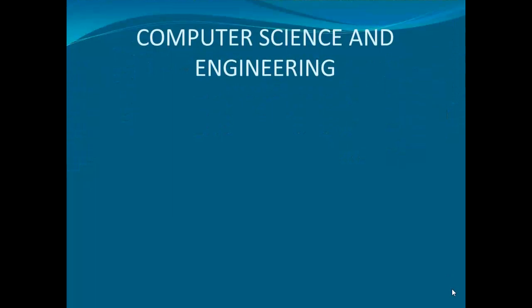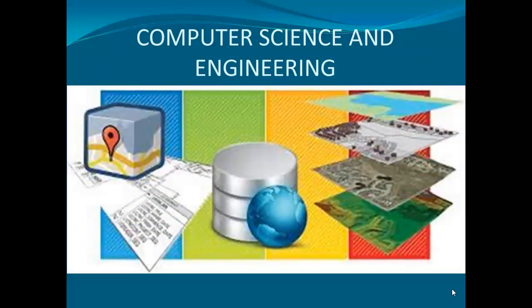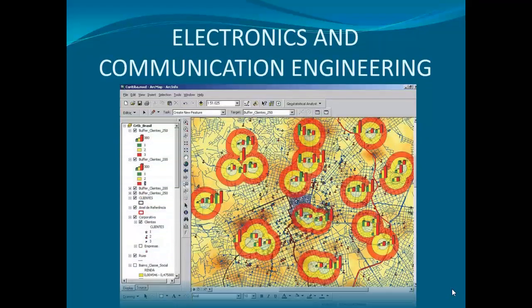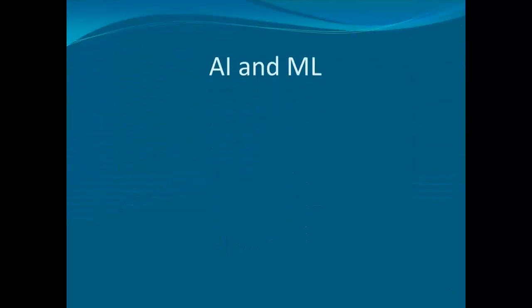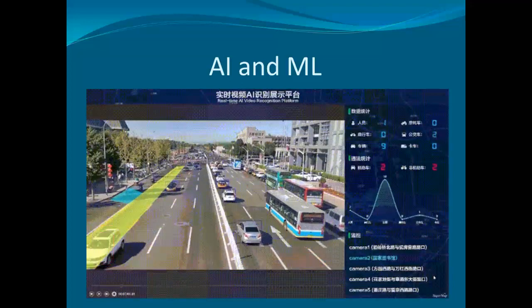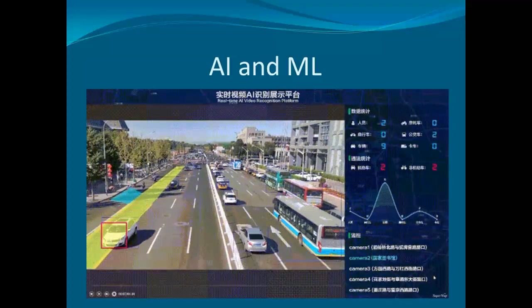Much of the power of GIS comes from the database management system that is designed to store and manipulate attribute data related to spatial information, which is a field of computer science and engineering. Telecom and network analysis, which is a field of electronics and communication, also uses remote sensing and GIS. By combining artificial intelligence and machine learning, we can also produce super maps.